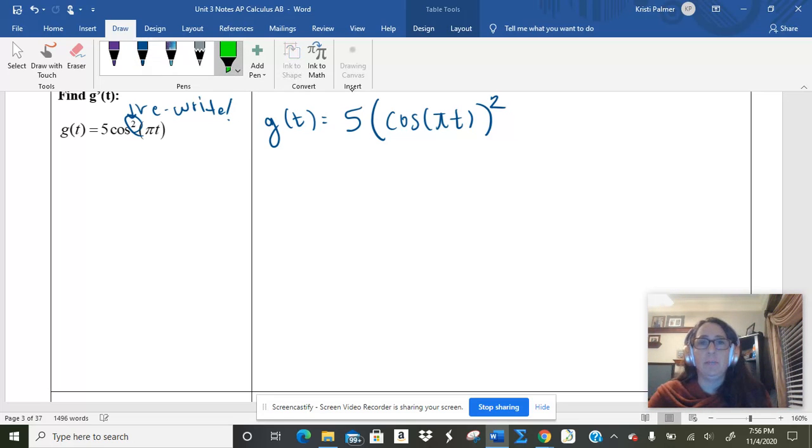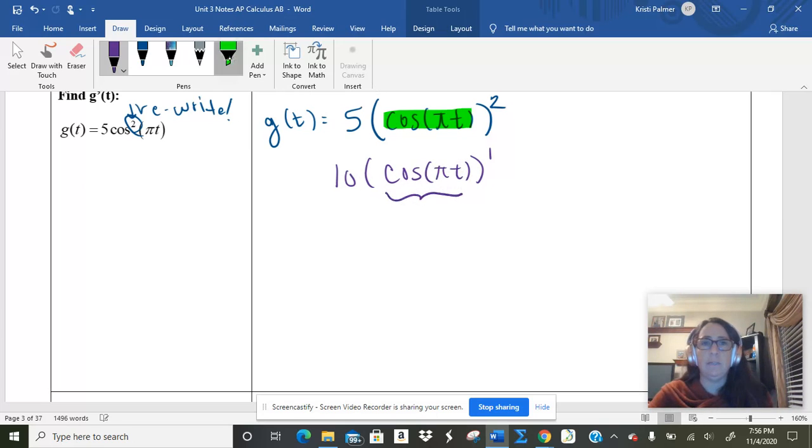So the first thing I'm going to do is make this my inside. So I'm going to take the derivative of the outside, leave the inside alone. Now, as I derive this piece, I'm going to make that my inside.